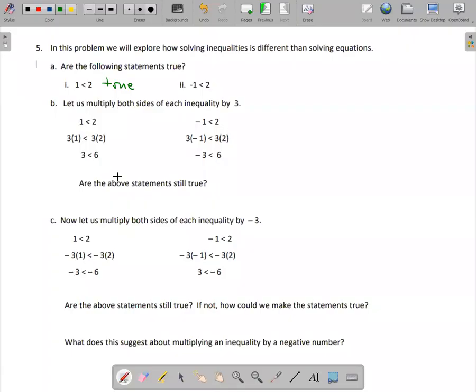All right, so -1 is less than 2, true. Right. It makes us feel better. We can write the little number line off to the side. And I'm going to pick on the -1 and the 2. Now, what I want to do is multiply both sides of the inequality by 3.